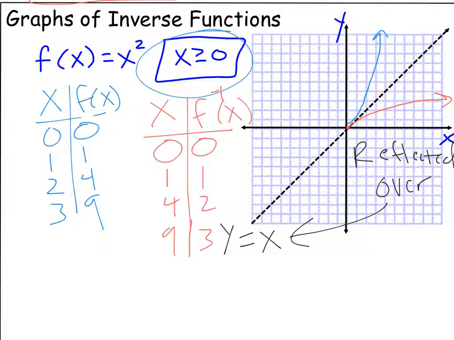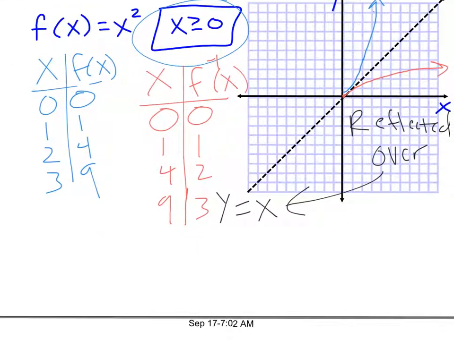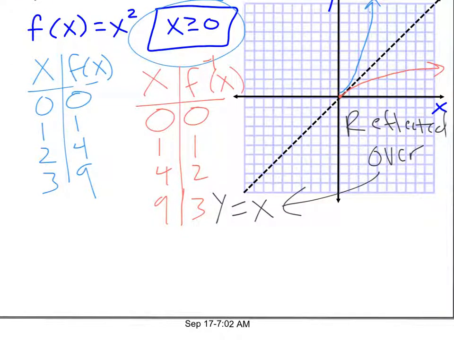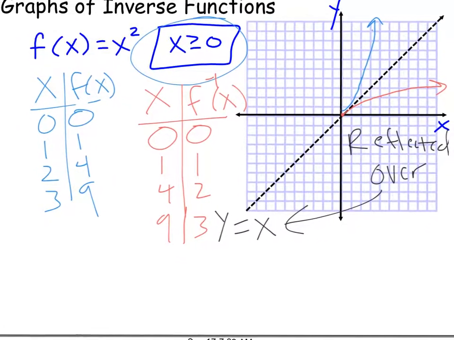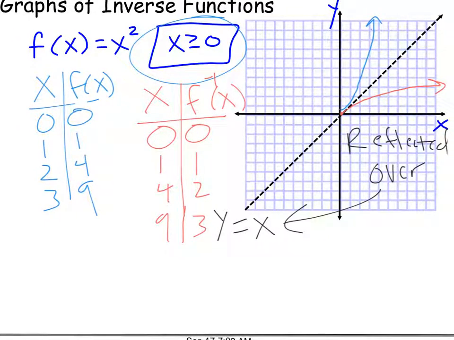Now, the other thing I like about this example is we have two functions that you're pretty familiar with. That one's a quadratic and the other's a square root. But again, if I wanted to just verify that, okay, take y equals x squared, switch x and y, and you would get that.